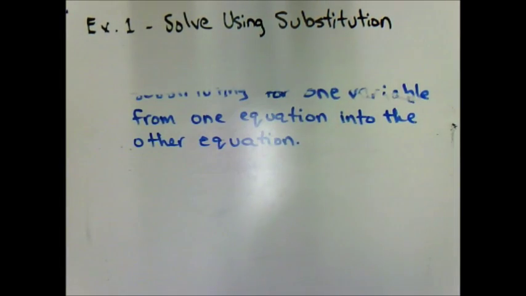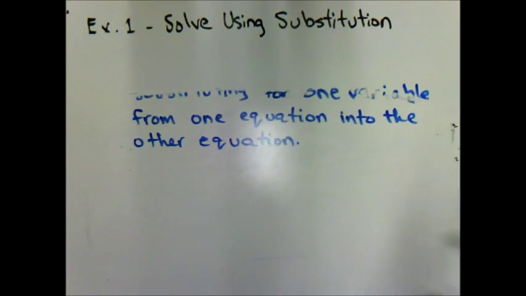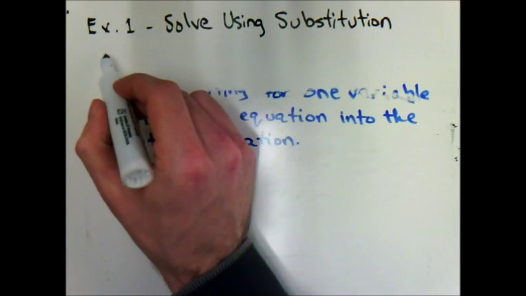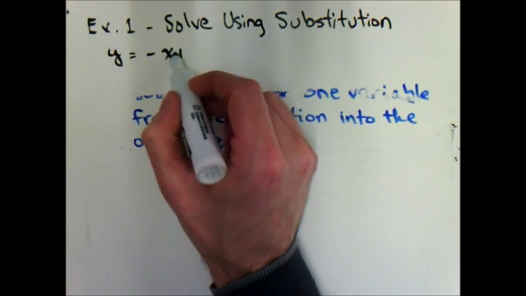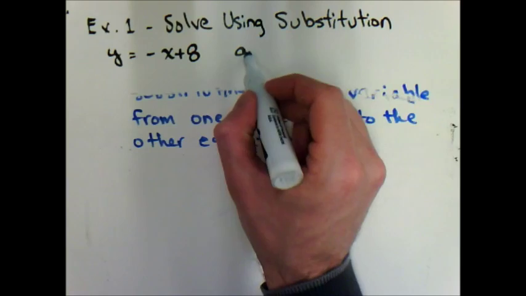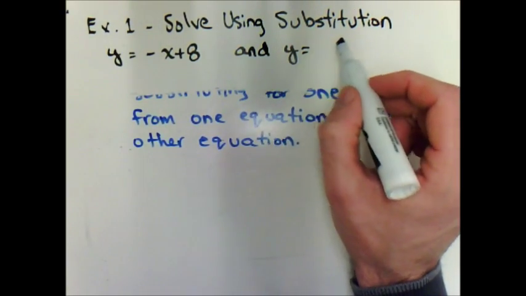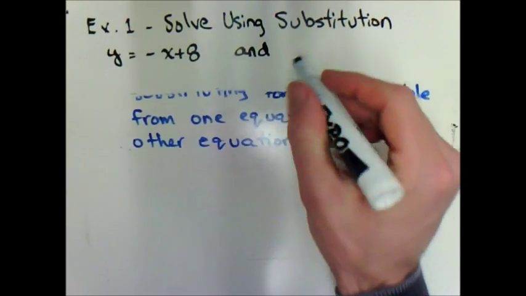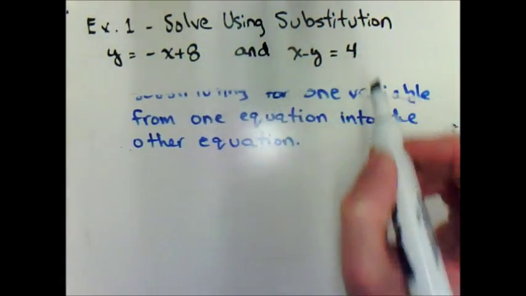So example 1 asks us to solve using substitution. The lines that they give us are y equals negative x plus 8 and x minus y equals 4.